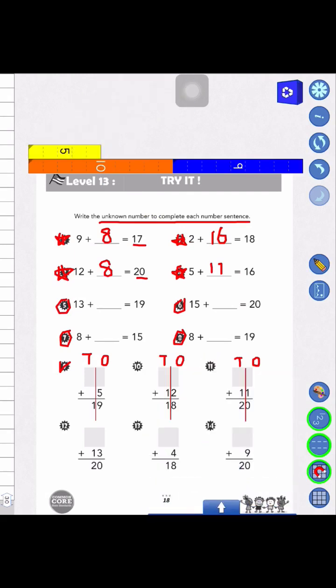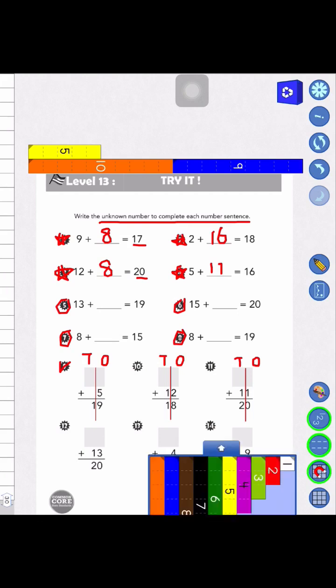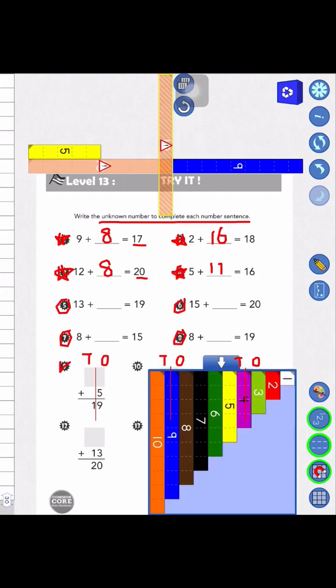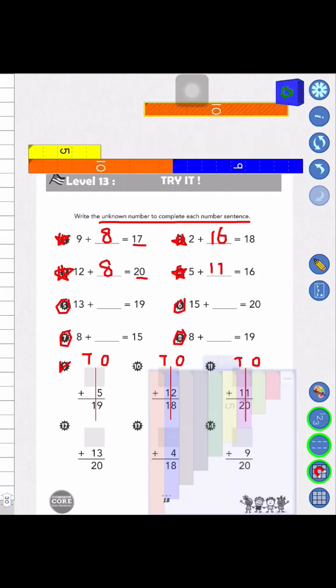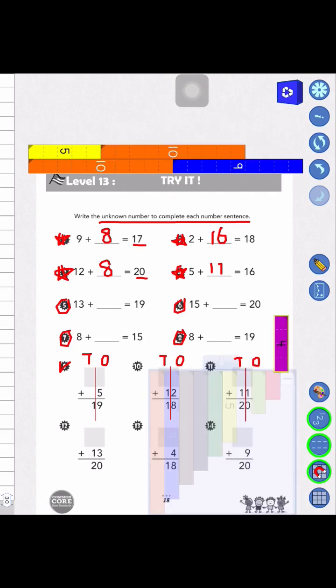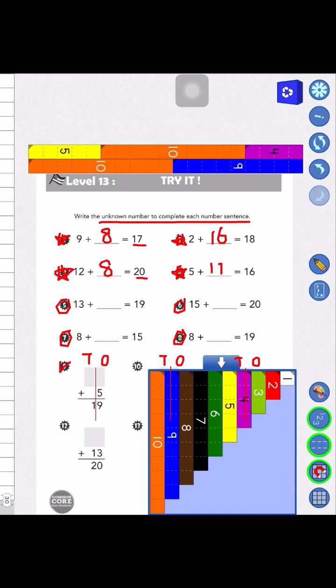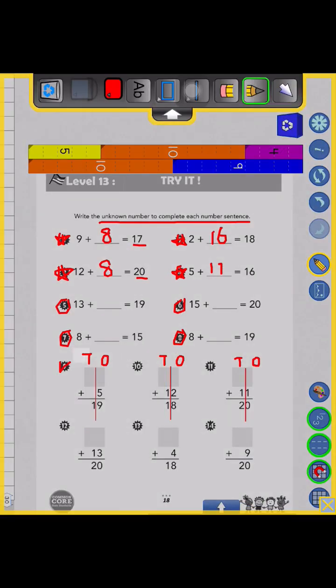So between 19 and 5, how many square differences? Yes, it should be 14, which is 1 ten and 4. So 14 plus 5 equals 19.